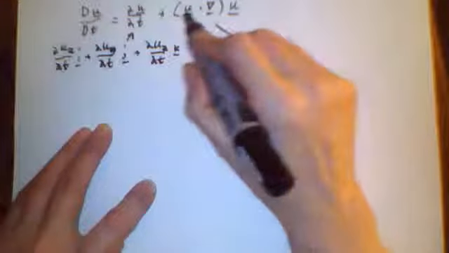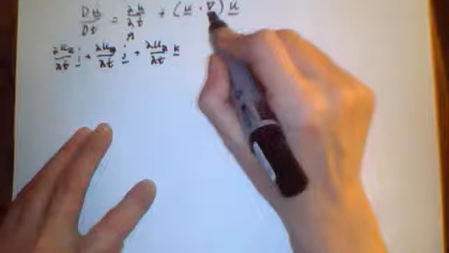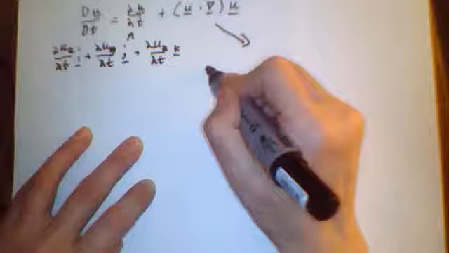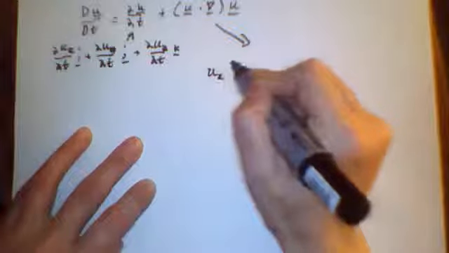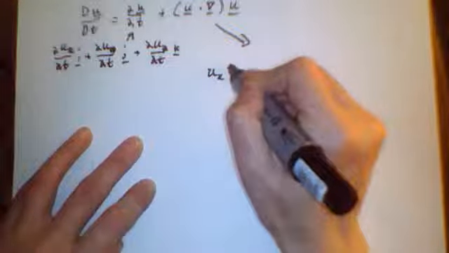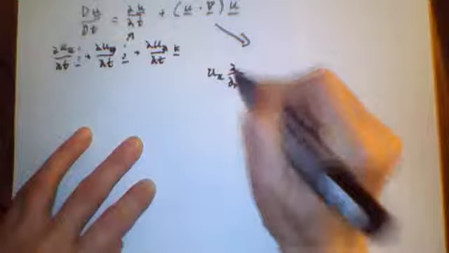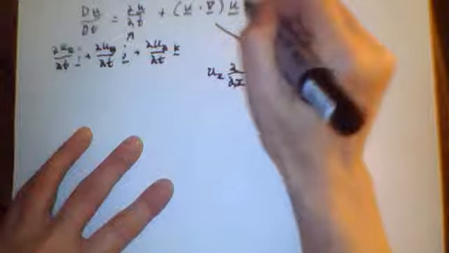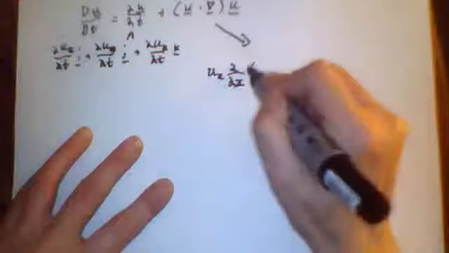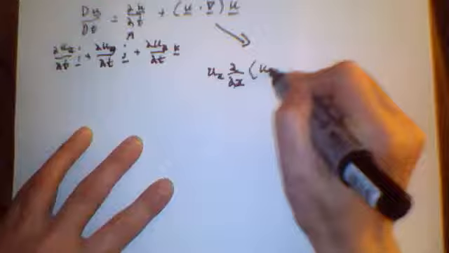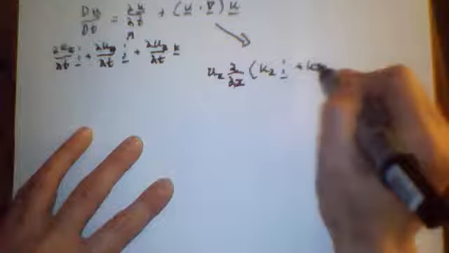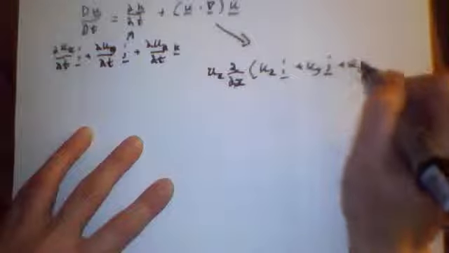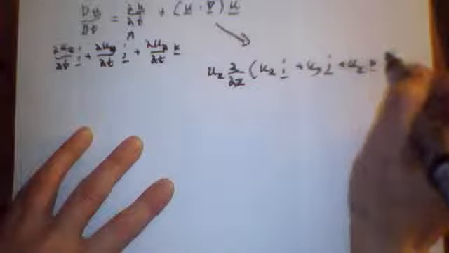And then you've got this bit. This bit is the speed dotted with the gradient. So if you imagine the speed in the x direction, ux, dotted with the gradient in the x direction, partial by x, operating on this whole u thing. So that would be ux i plus u in the y direction j plus u in the z direction k.